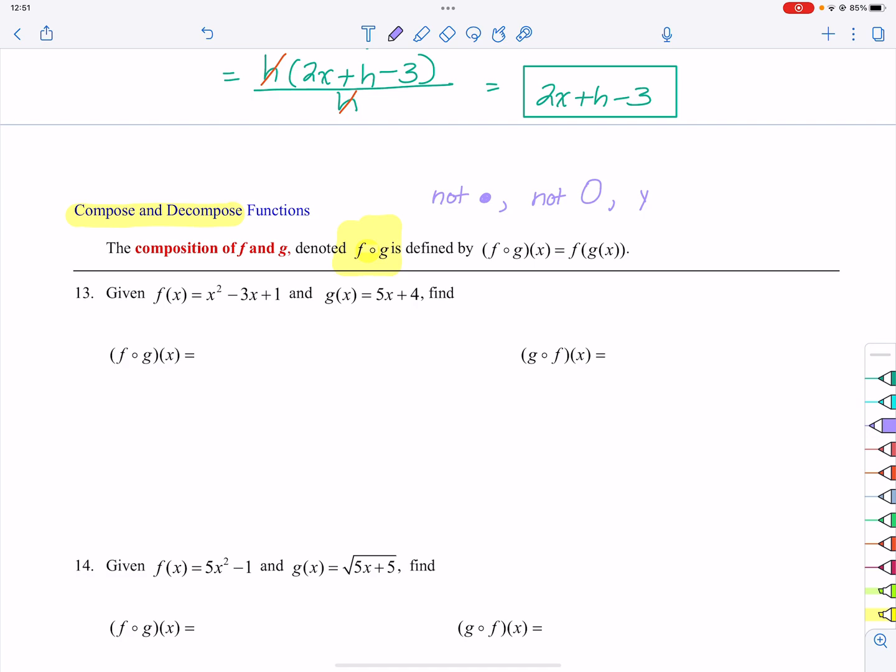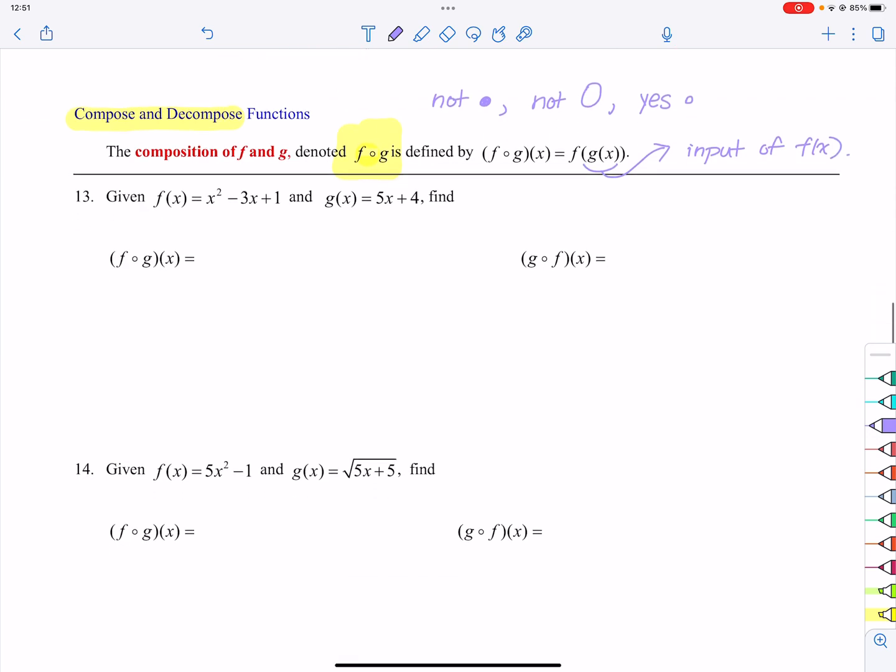It is just a small open circle, okay? So the definition of f composed with g of x is f of g of x. So g of x becomes the input of f of x. So we have a function inside of a function. Let's give it a try.